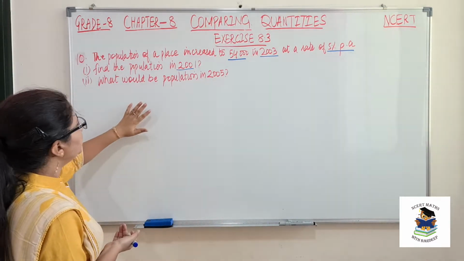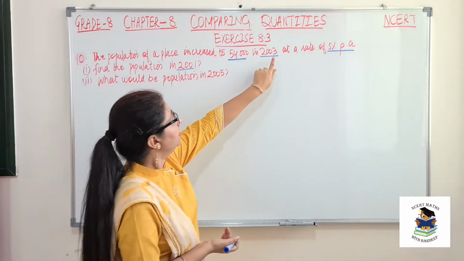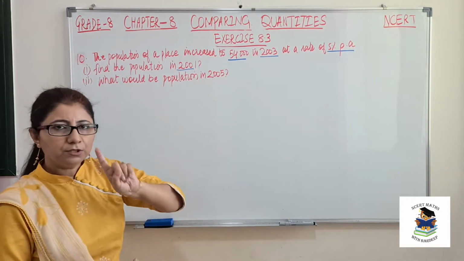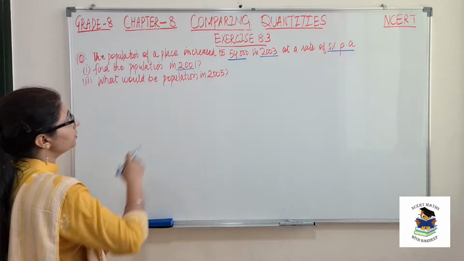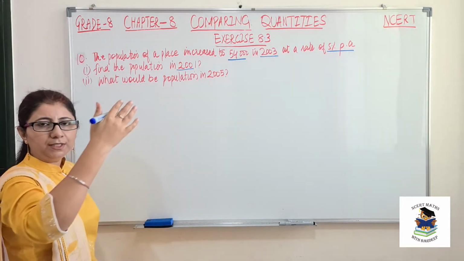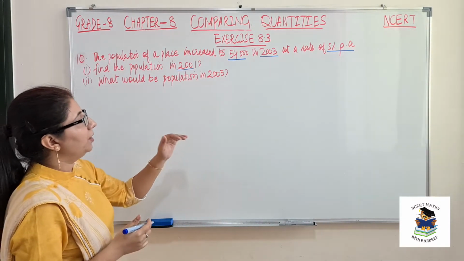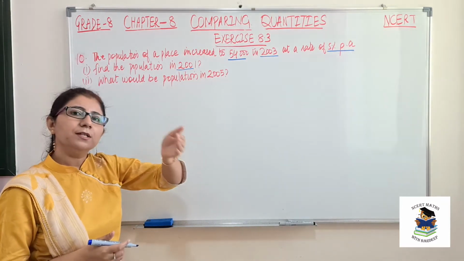So we need to calculate the population in 2001. See here, the population in 2003 is given. That means we have to go back. So this will be our amount, corresponding to P, A, principal and amount. Principal is our initial value and amount is our final value.